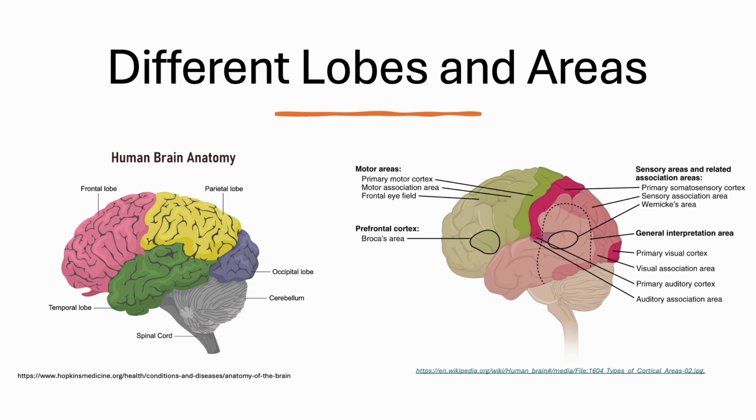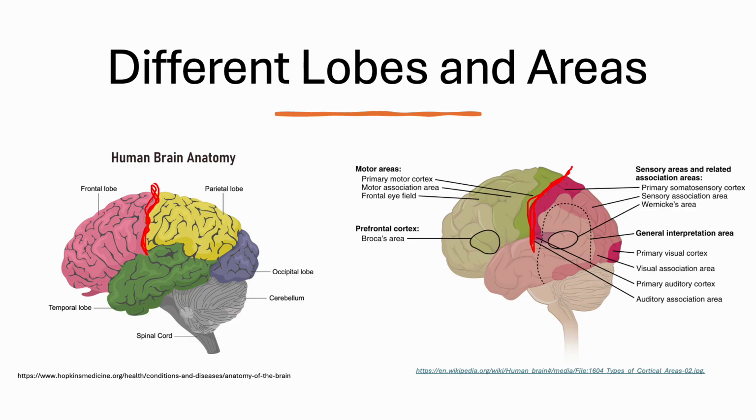Between the parietal lobe and the frontal lobe, there is this big groove called the central sulcus, right down the middle here. And it's this big groove that divides the frontal and parietal lobe. You can see it over here on this one as well. It's this big giant groove that divides between the two.